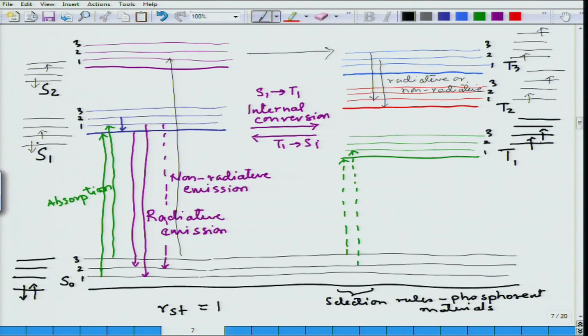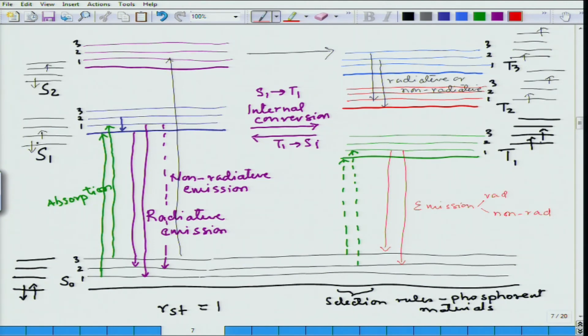And finally, from T1, once the rules are relaxed, one can have emission from the phosphorescent T1 layer, and there is emission that can again be either radiative or non-radiative.